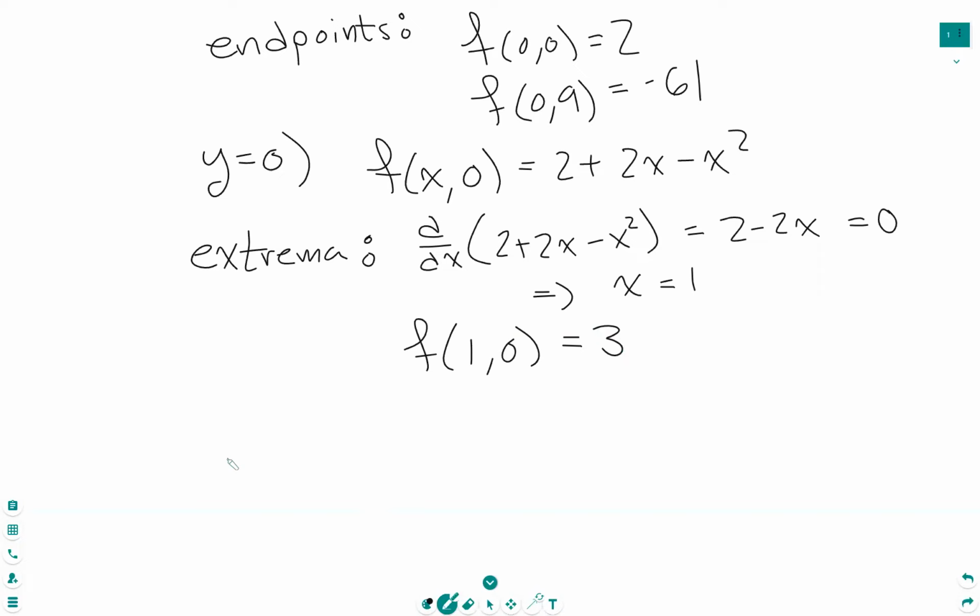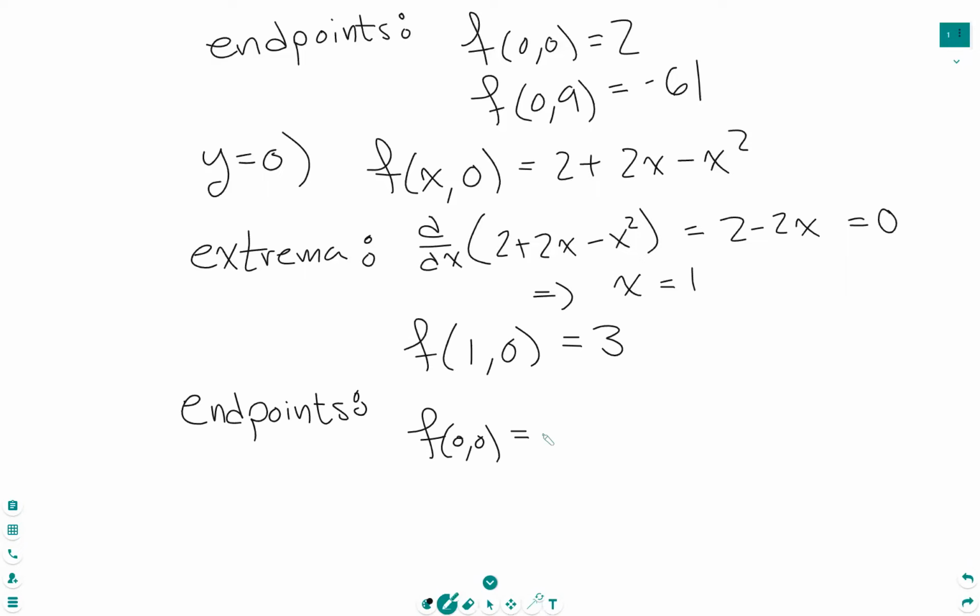Same thing with above, we also still need to check the endpoints. So the endpoints for this curve are the origin and 9, 0. I know that we've already checked the 0, 0 endpoint, but just so we're consistent with treating each one separately, I'm going to go ahead and do it again.